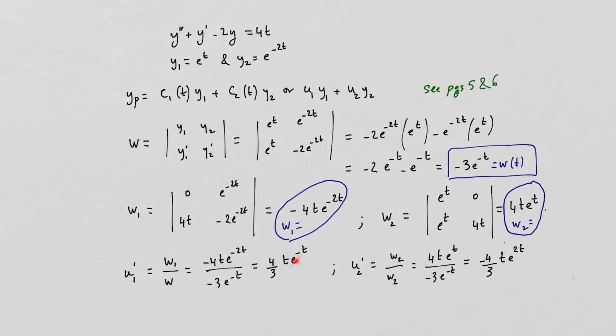So you get e to the negative t, and there is a t sitting there, and the negatives cancel. And then for u2 prime, you get w2, which is 4t e to the t divided by negative 3 e to the negative t. I got negative 4/3 t e to the 2t, and I'm also going to circle these. So this is u1 prime, and this is u2 prime.